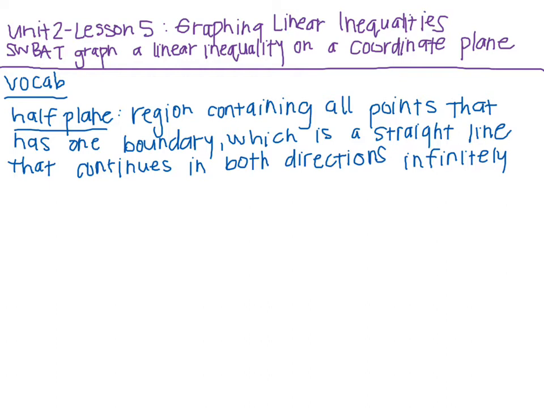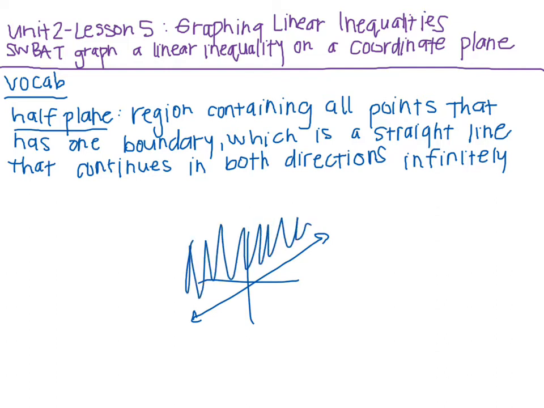So if you think of the coordinate plane, and then when you draw a line on your coordinate plane, a half plane is saying we're dividing this coordinate plane in half and we're only looking at one half of it. This is kind of what your coordinate planes are going to look like when we graph the linear inequalities. So linear inequalities only represent half of a plane.